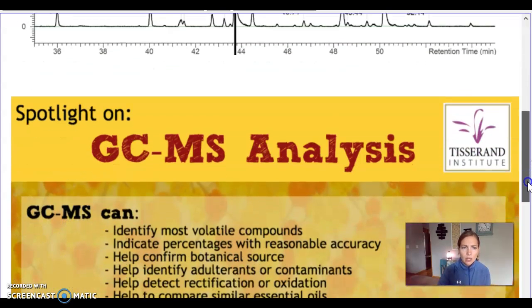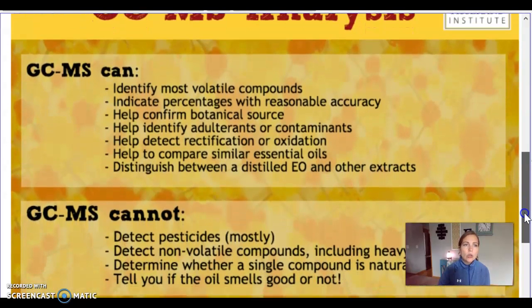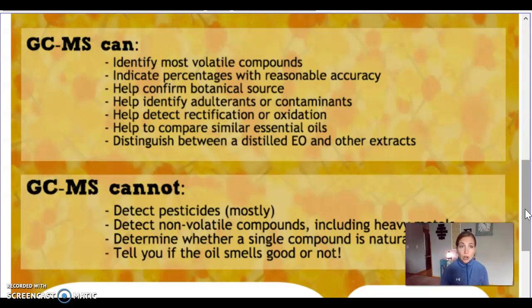Okay, and here's another slide that I thought was interesting. So this gas chromatography, the breaking apart of the particles, these are some of the things that it could do. You can identify volatile compounds, you can identify percentages with reasonable accuracy, help identify adulterants or contaminants, help to compare similar essential oils.